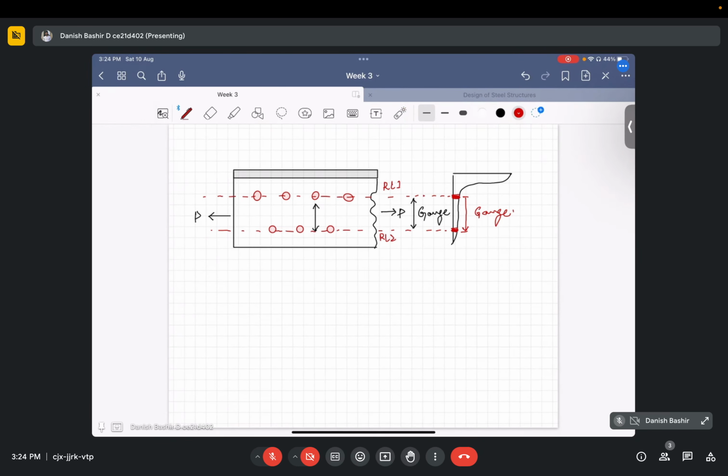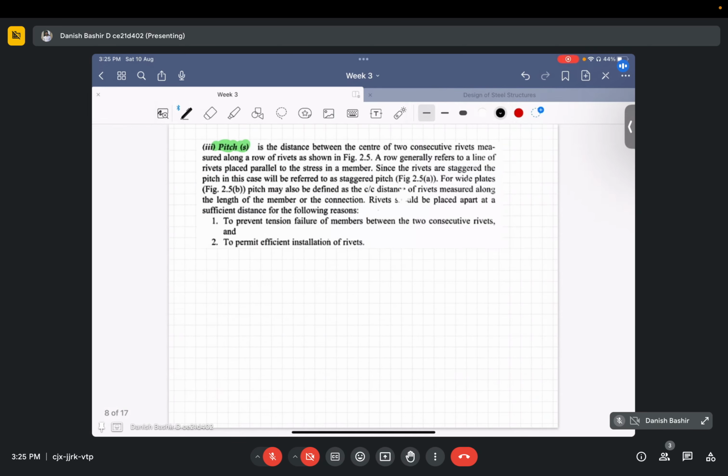Let me write: this is the rivet row. The center to center distance between two rivets along the rivet row is known as pitch. We can call this distance the pitch. So I told you this in the definition.